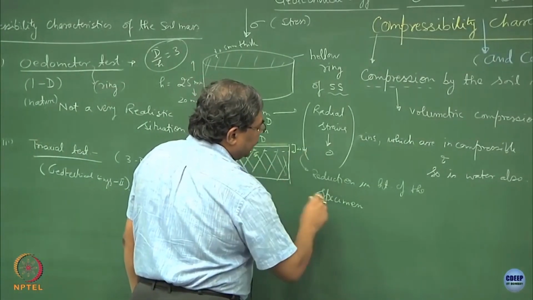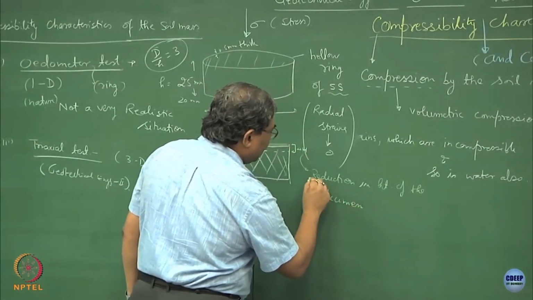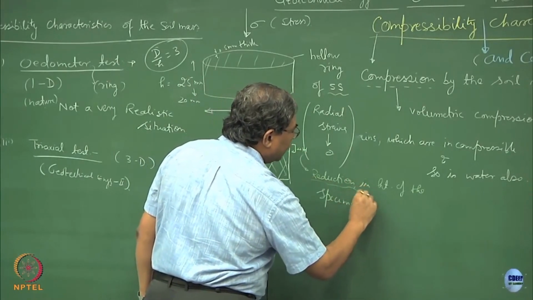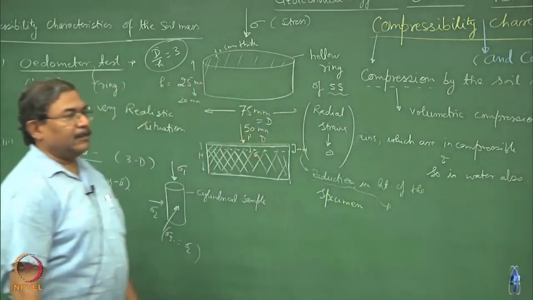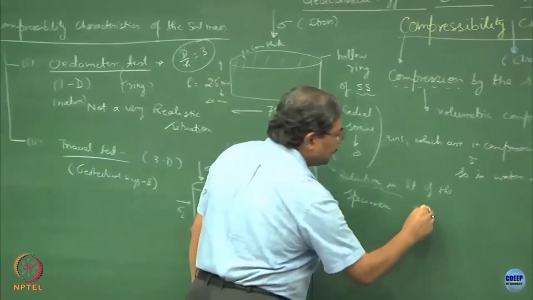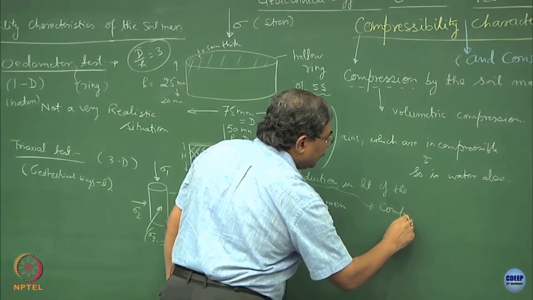Now, delta h is the compression also. So, rather than writing reduction, in better scientific language, this can be replaced with compression.